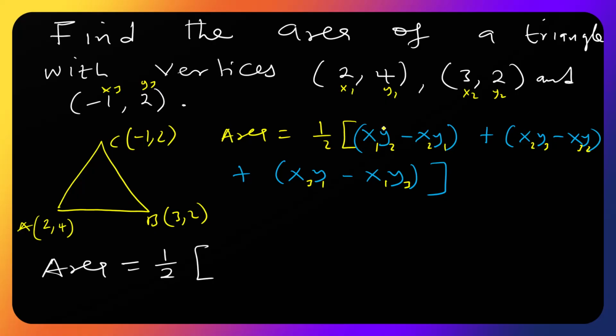We can do the multiplication straight up. So x1, then y2. x1 is 2, y2 is 2, so 2 times 2 is 4. So we can put 4 here, minus x2. x2 is here 3, and then y1 is 4, so 12.